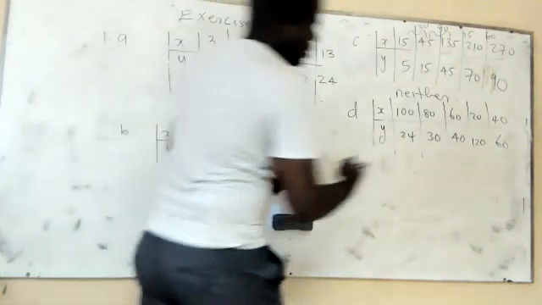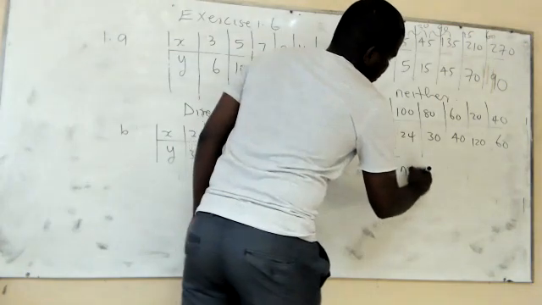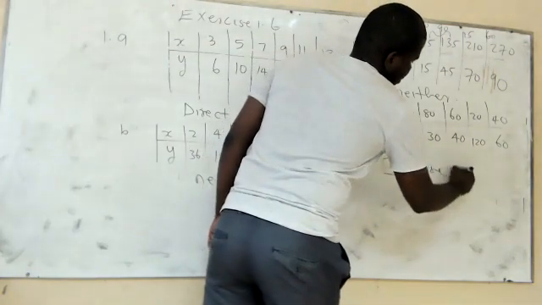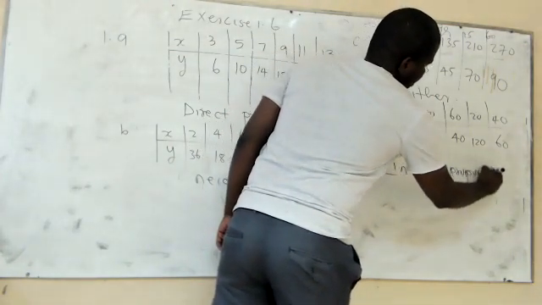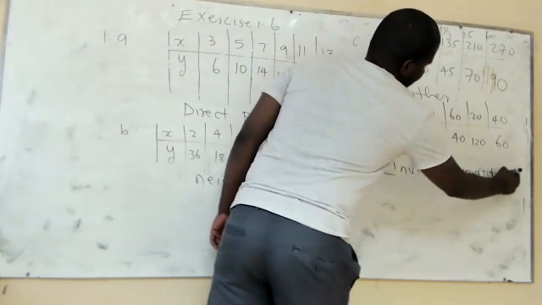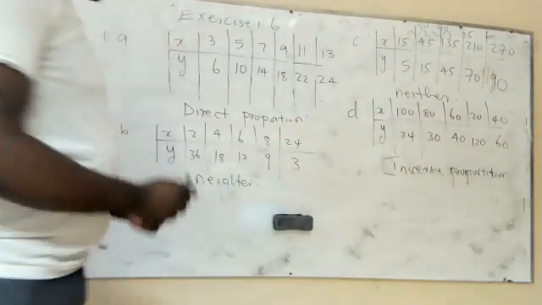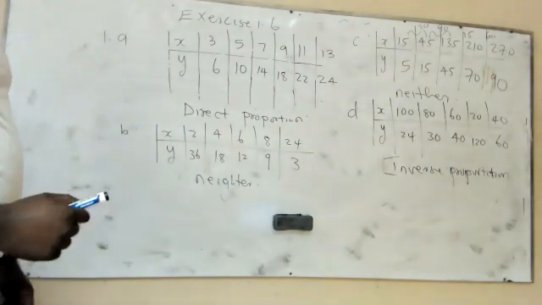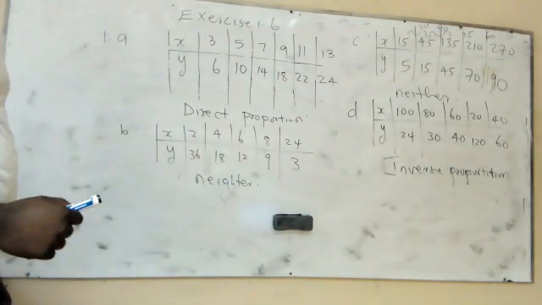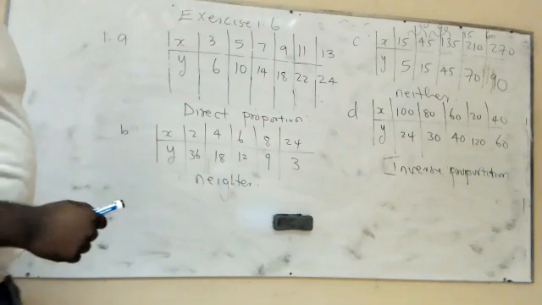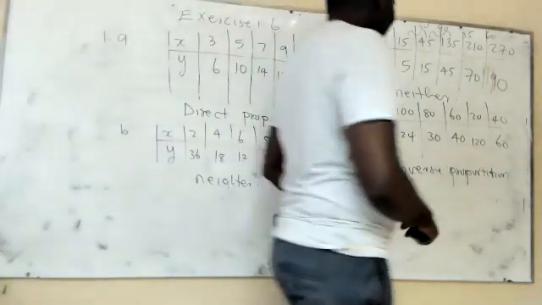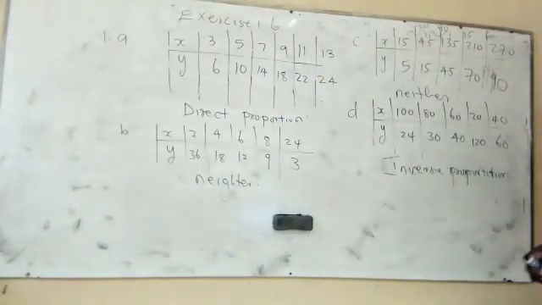Okay. And what's the reason for that to be inverse proportion? The X is decreasing and they have similar differences. Yes. Nice try. But let me explain this to you.